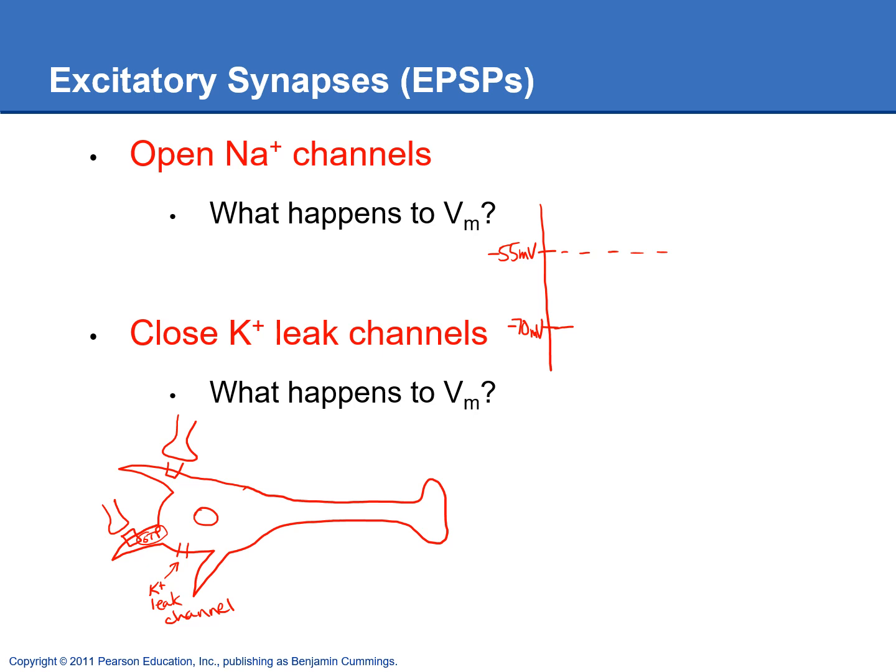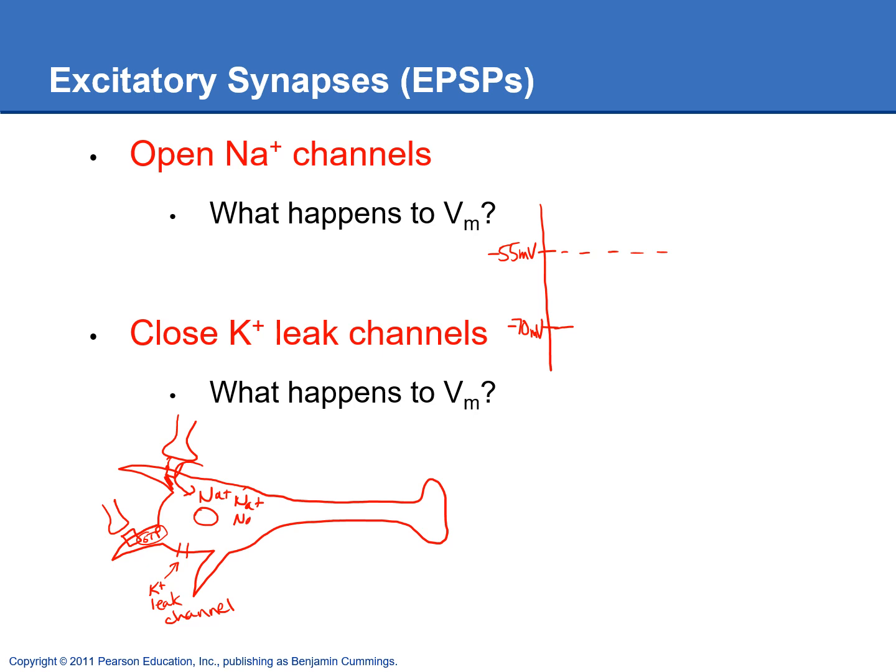So let's take a look at two ways to create EPSPs. So one way is if the neurotransmitter binds to a ligand-gated ion channel, and this ligand-gated ion channel opens, and let's say it's specific for sodium ions. And remember that sodium always wants to enter the cell. So sodium will flow into our postsynaptic neuron here.